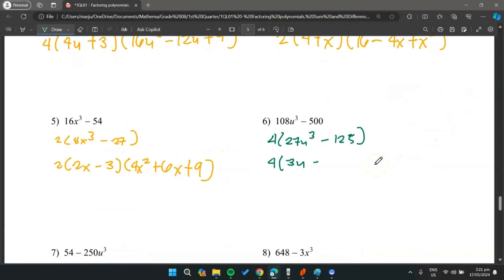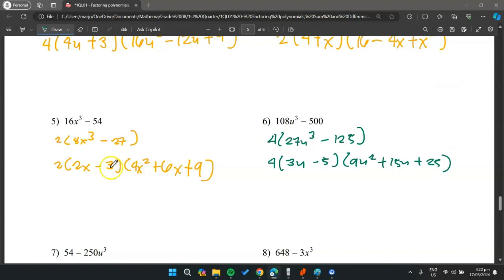Then the rest are just the same. So we have 3u minus 5, and then the square of this, 9u squared, plus the product of these two, 15u, and then plus 25.